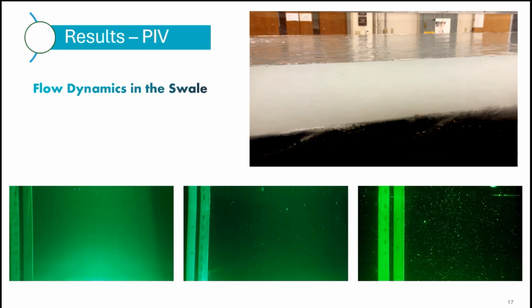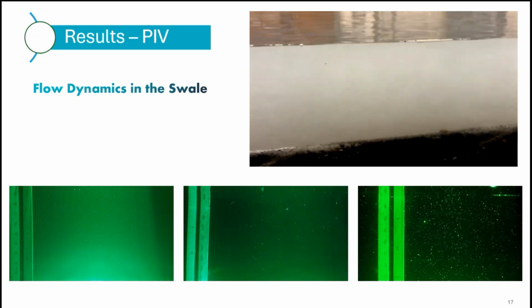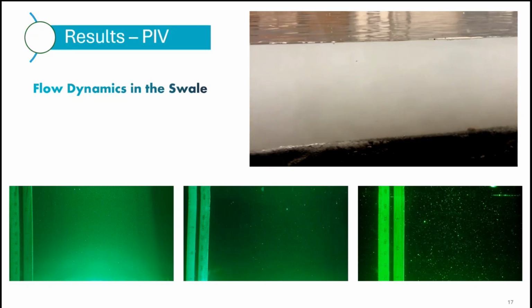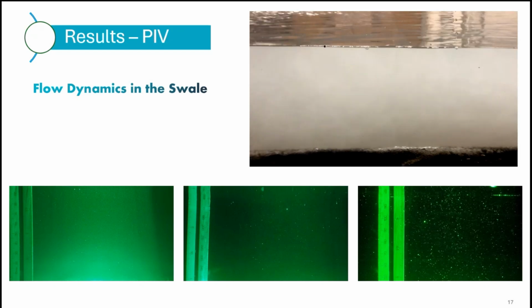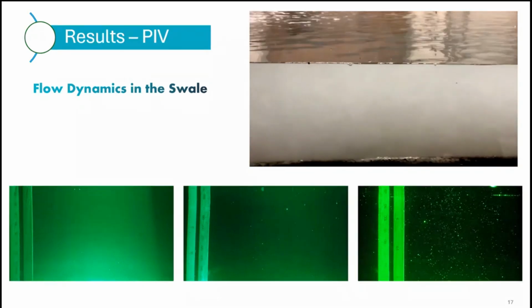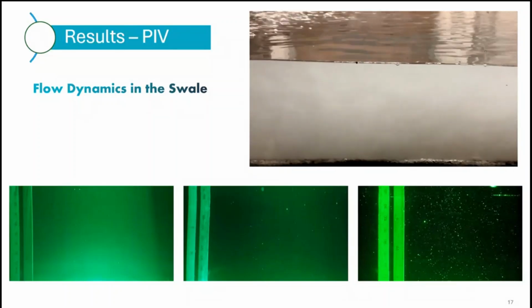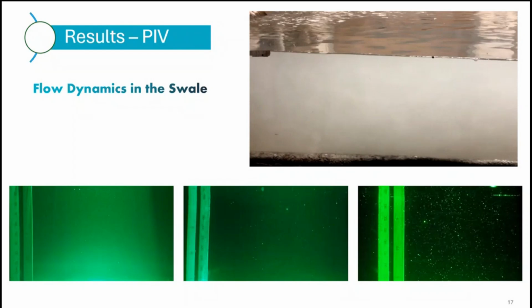So can you click, please? This is the video we took of the flow when it was running. You can see the flow is from your left to the right, but the sediment is moving towards upstream. So there is a recirculation happening in the system, and sediment is not leaving the system.